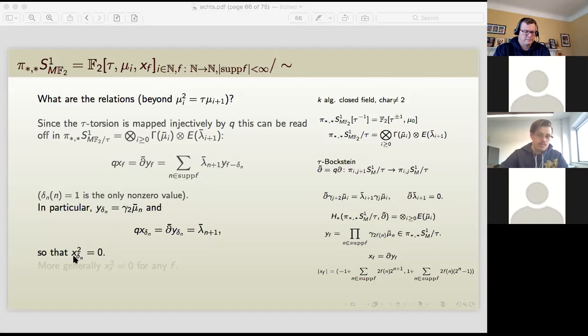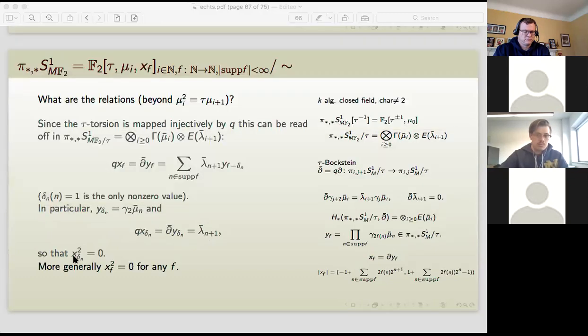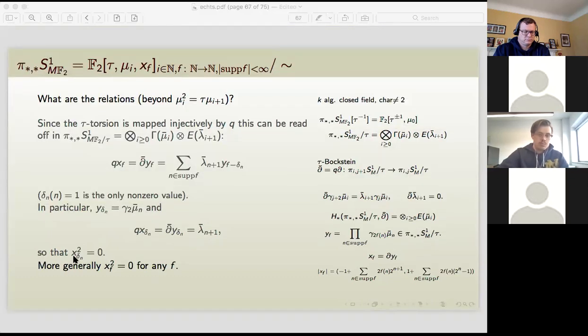So x delta n squared is also then equal to 0, since q was a monomorphism on the torsion part. And if you sit down, you can see that this is not particular for the function with support only at n. It's true for any function. The square of any of these torsion generators is actually equal to 0. So they're all square 0.